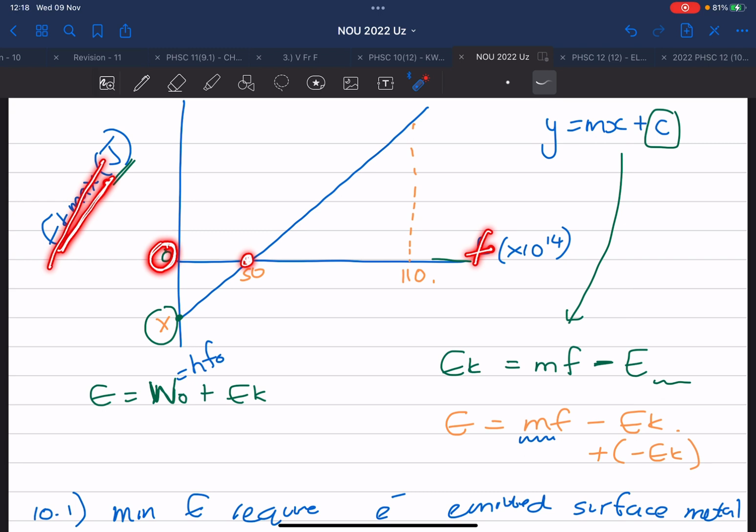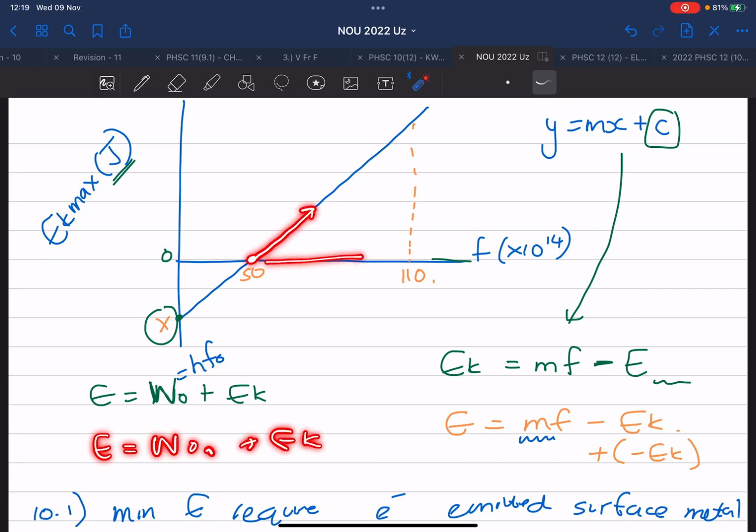So what is that? That is the minimum energy that is required before an electron jumps. And I told you here, if E is equal to this, then the electron will start to jump. Okay? And that is exactly that point. Anything higher, if the frequency is higher, then we will have more kinetic energy.